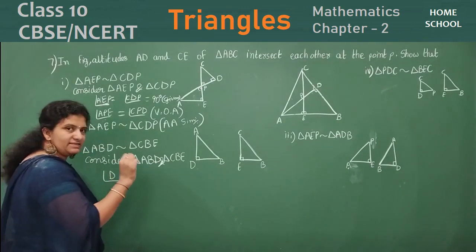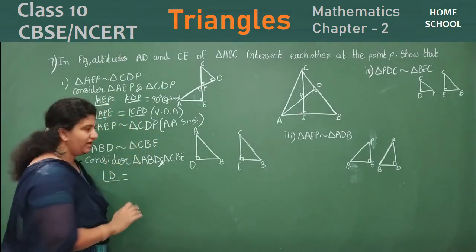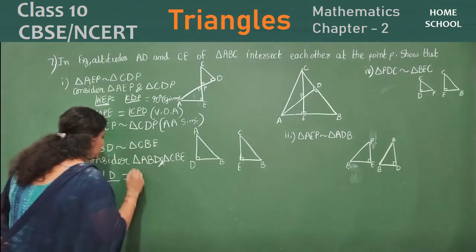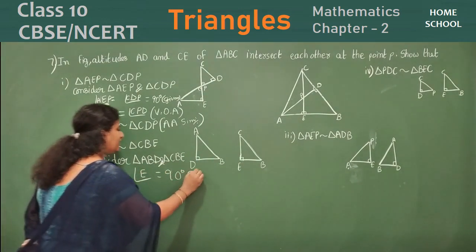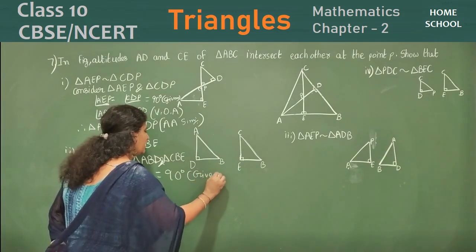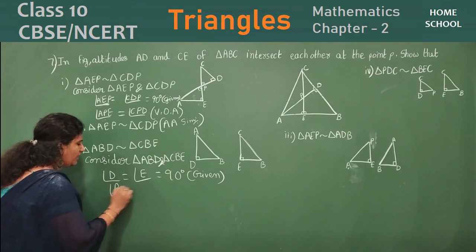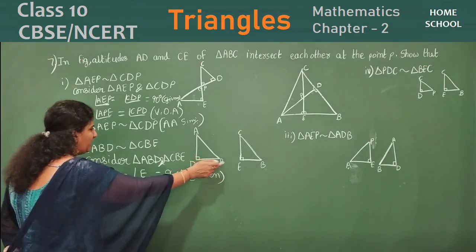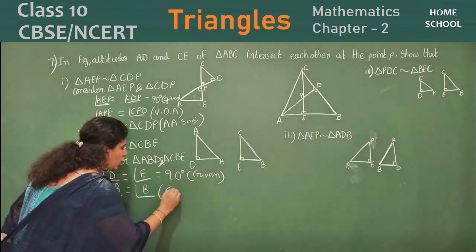So, try to understand carefully like this. You understand. Then while writing like this, you write. Angle D is equal to angle E is equal to 90 degrees. By what are you saying this? Given data. Right? Next, in this triangle, angle B is equal to angle B, that is common.